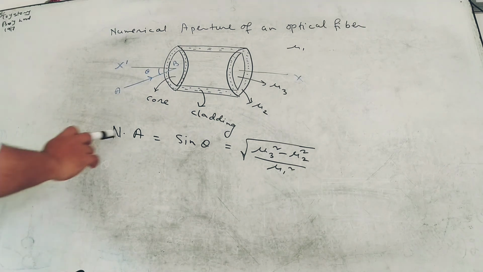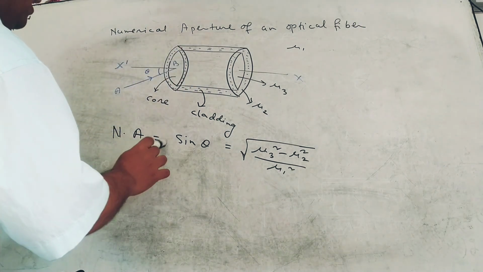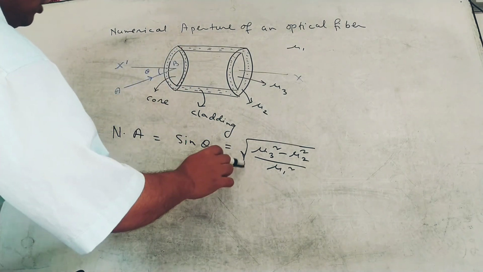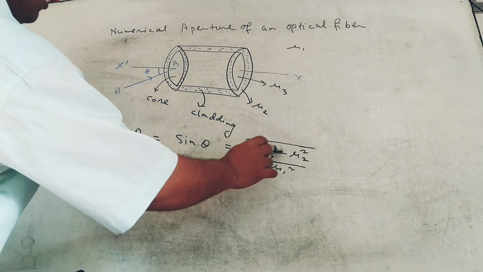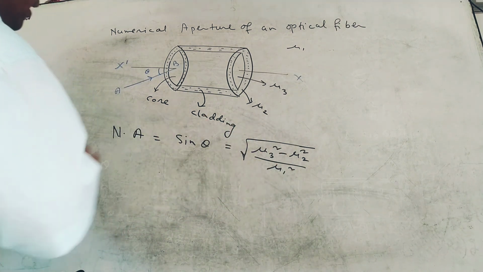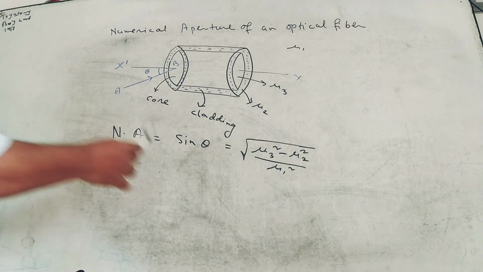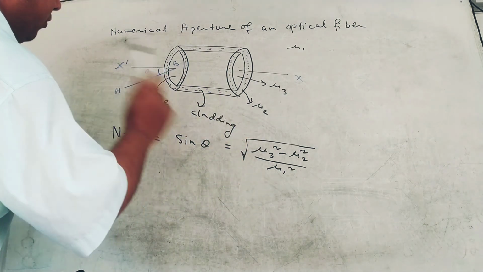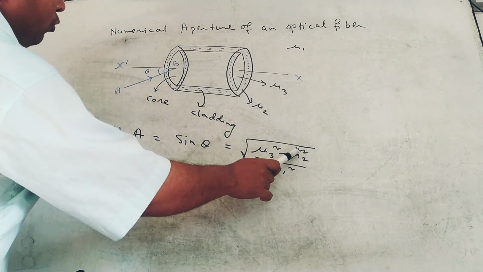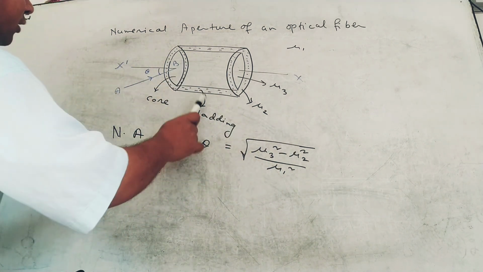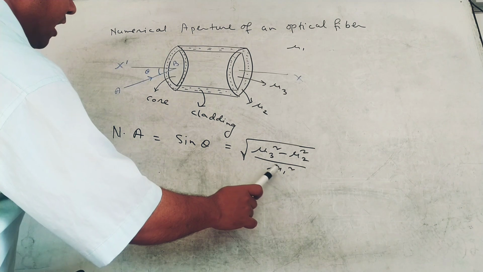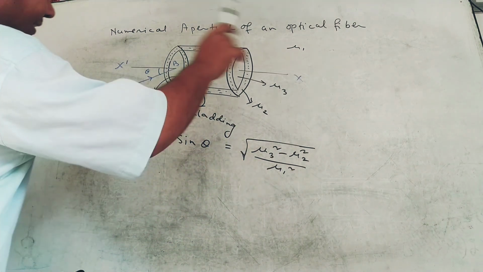The numerical aperture of the optical fiber, NA, is equal to sin theta, which is equal to under root of mu 3 square minus mu 2 square by mu 1 square. Here mu 3 is the absolute refractive index of the core, mu 2 is the absolute refractive index of the cladding, and mu 1 is the absolute refractive index of the surrounding.